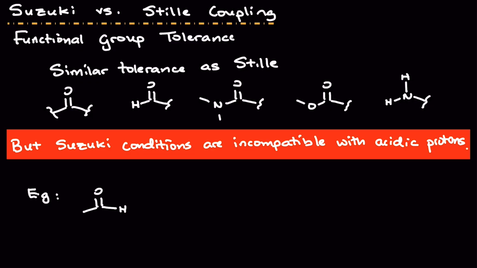Here's an example. Let's say one of your reagents included some kind of aldehyde somewhere on the molecule. Well, we know now from our previous videos that aldehydes in the presence of sodium methoxide are susceptible to reactions at the alpha position because sodium methoxide is a base that can deprotonate the alpha position of our aldehyde.